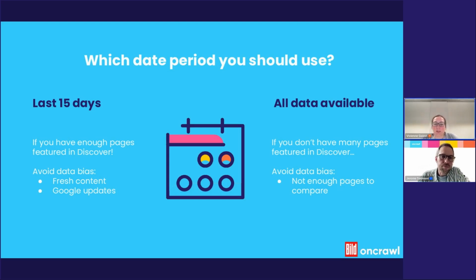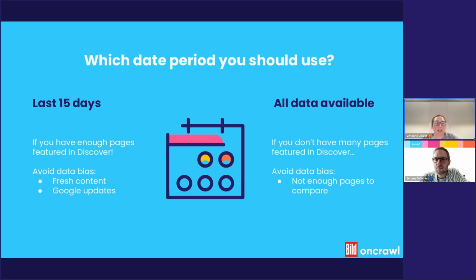Well, since we have a lot of articles in Google Discover every single day, a couple of hundred, on a good day more than 1,000, it makes sense to only look at the most recent 15 days and compare it with the most recent crawl, to see what's different between the articles that are in Discover and those that aren't.